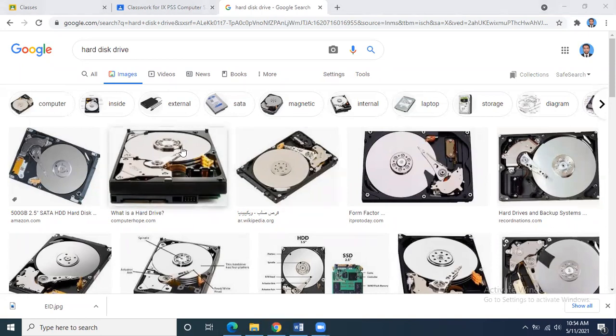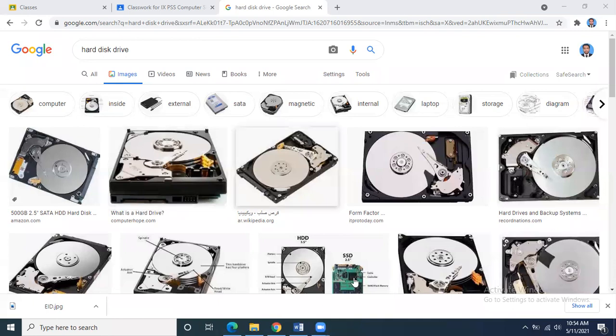The hard drive will always be sealed, and there won't be any air inside, so that there is no disturbance when the read write head reads the data from the platters of the hard drive. If there is some problem inside, or some kind of dust inside, the hard drive will crash and your data will be lost.